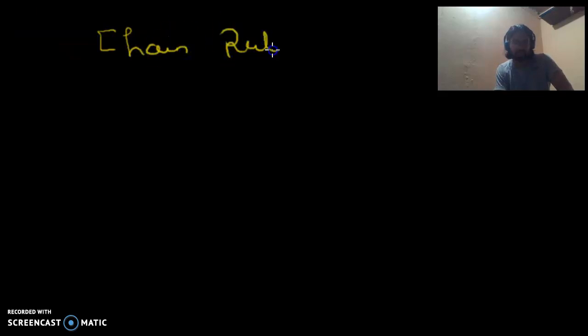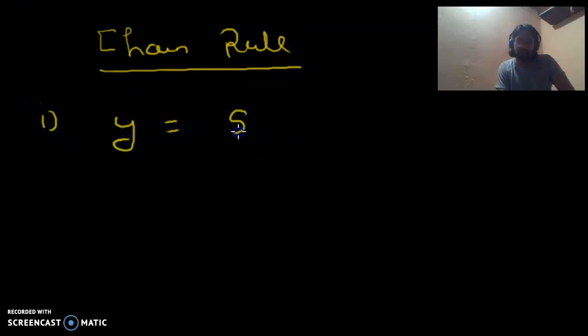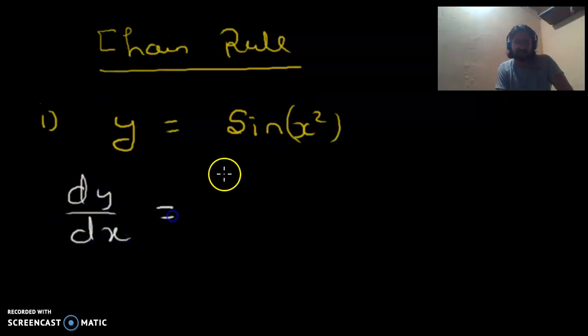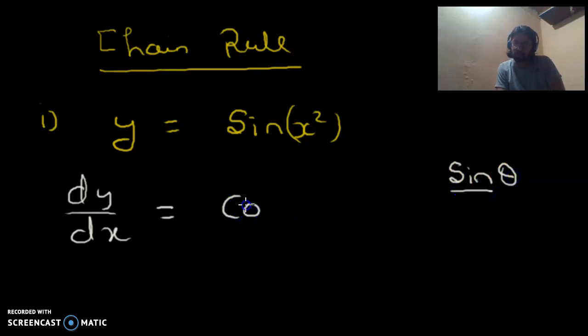Chain rule: if there is a function like sine x square, try to understand this. The chain rule says the differentiation of this function is, first you differentiate the first function, which is sine, and the differentiation of sine theta is cos theta. So I would write cos x square.